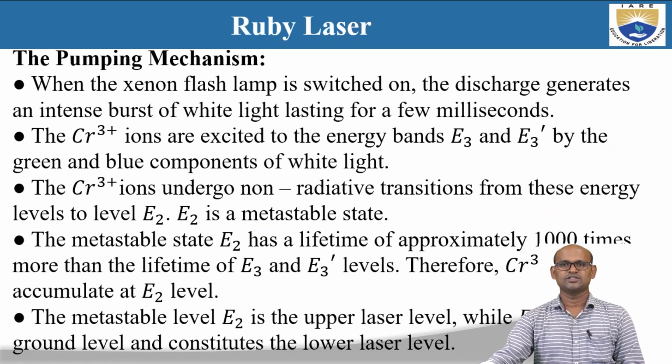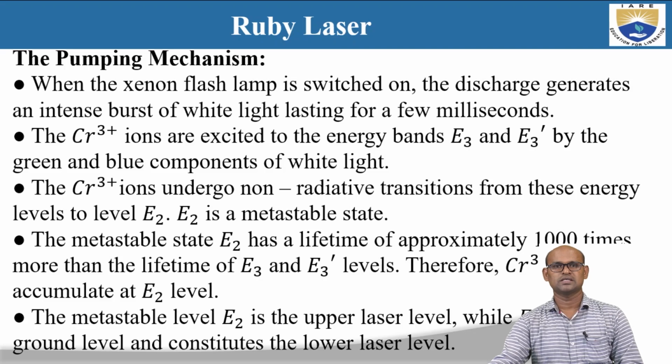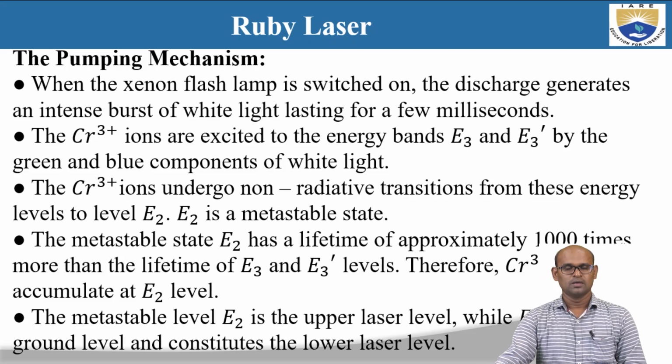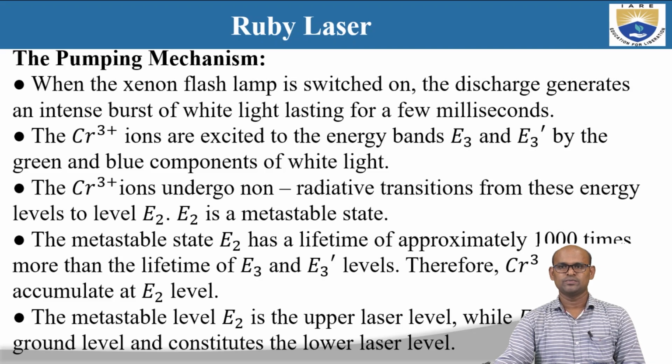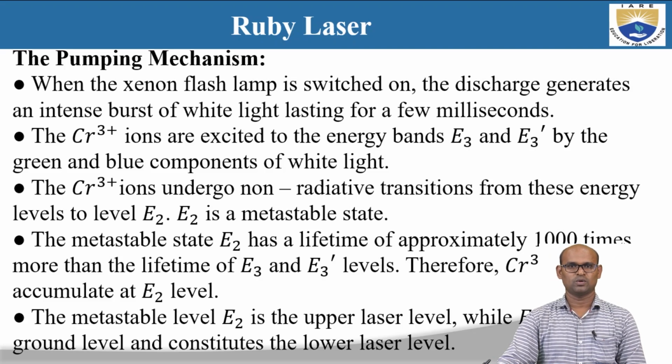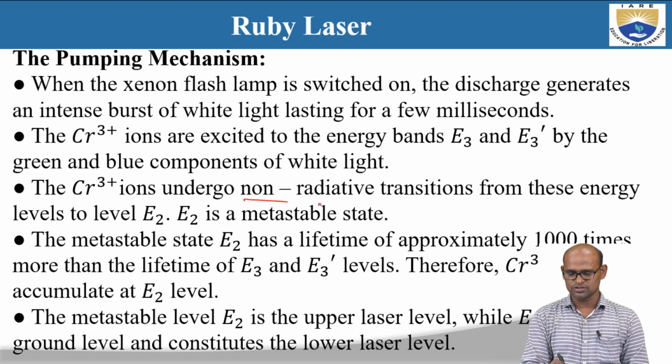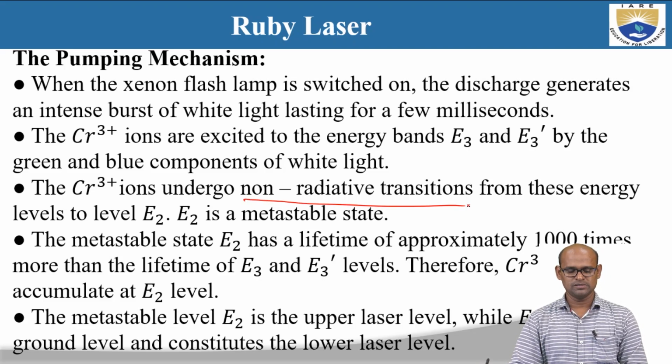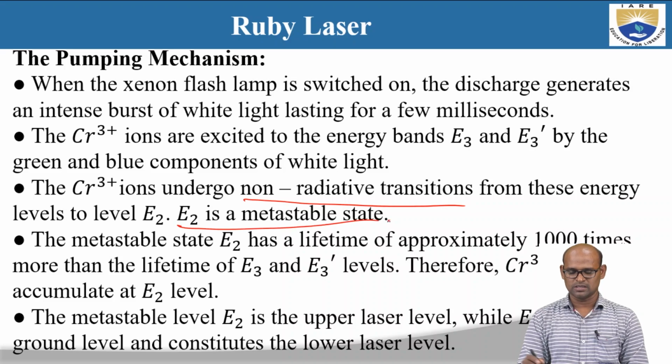When the xenon flash lamp is switched on, the discharge generates an intense burst of white light lasting for a few seconds. Chromium ions are excited to the energy bands E3 and E3 prime by the green and blue components of white light. The chromium ions undergo non-radiative transitions from these energy levels to E2, a metastable state with a lifetime approximately 1000 times more than that of E3 and E3 prime.